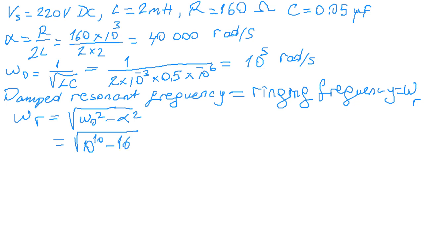Alfa 40'tı. 4 kere 4 16'dır. 4 times 4 is equal to 16. 40 times 16 times 10 to the 8, which is equal to 9,165.2 radian per second.